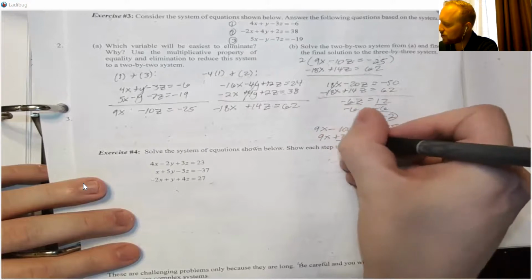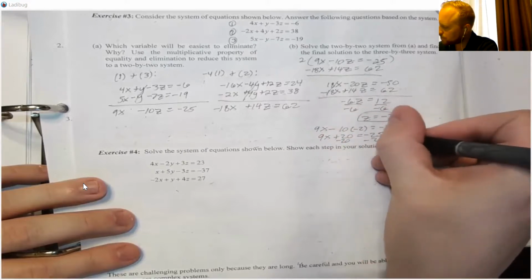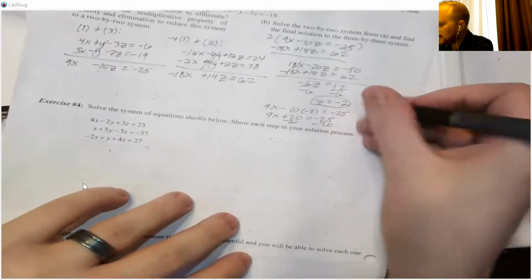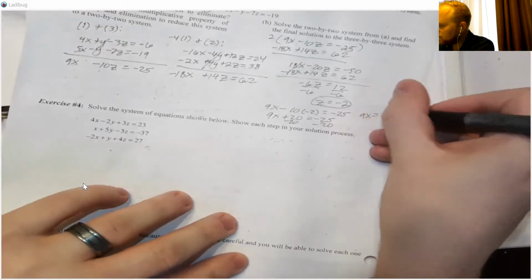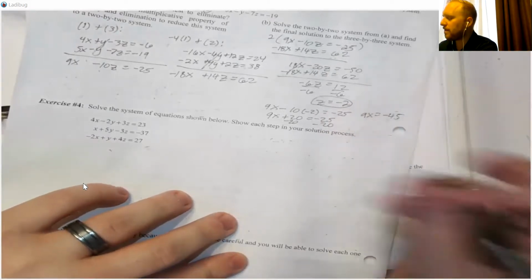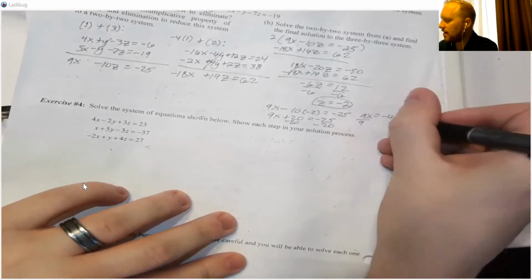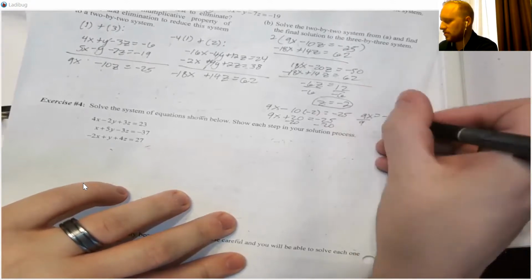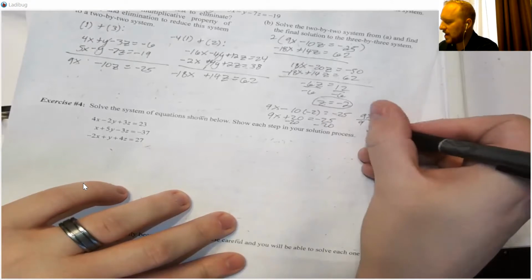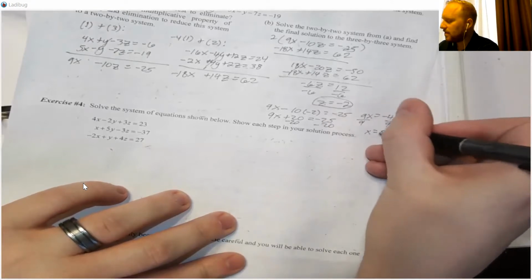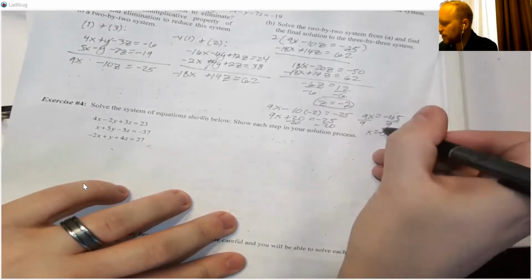Then I'm going to subtract 20, trying to get x by itself. And this gives me 9x is equal to -45. Divide by 9 because 9 is being multiplied by x, so we have to do the opposite. And that gives me x equals -5. So I found what x is.